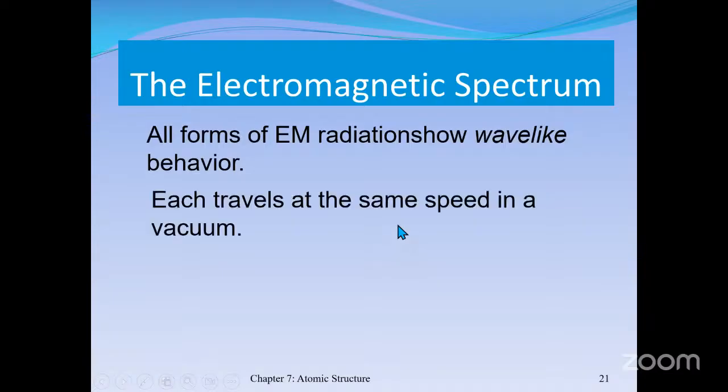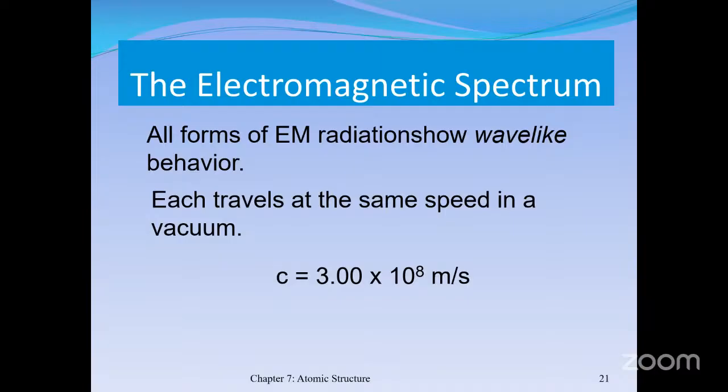All forms of electromagnetic radiation show wave-like behavior, and also true is that all forms of electromagnetic radiation travel at the same speed, and that speed is given right here. C is equal to 3.00 times 10 to the 8 meters per second. That is true for all forms of electromagnetic radiation, including the speed of light.